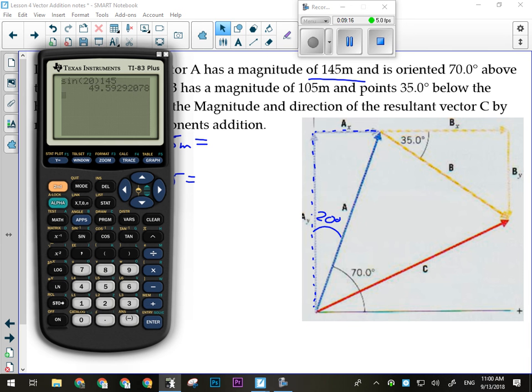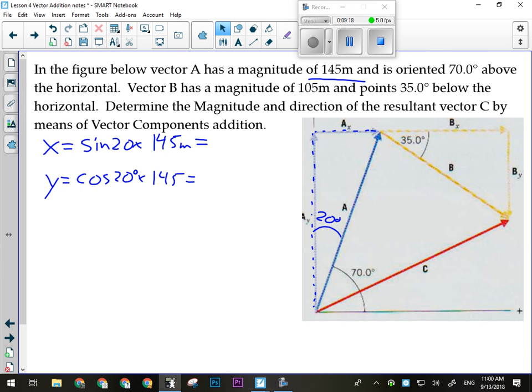So X is going to be 49.593. And that's going to be east. Actually, sorry, it says above the horizontal. So I'm going to just say right, or probably positive. That might be better, because they're just referring to the X and Y axis.